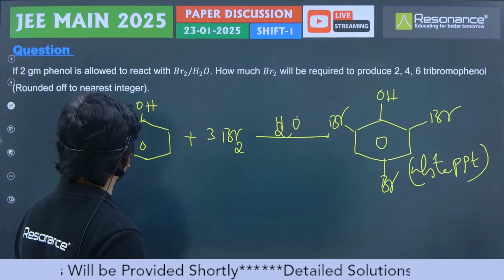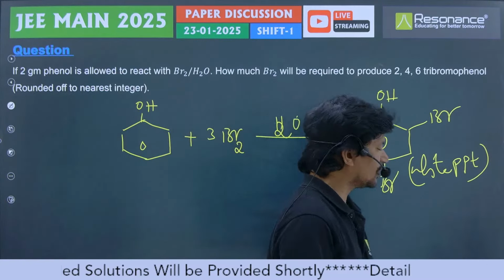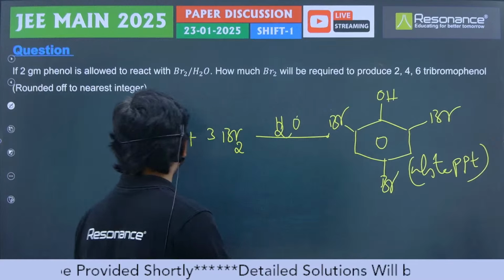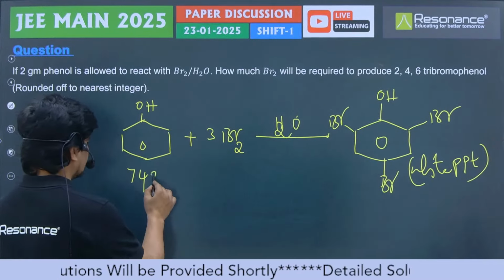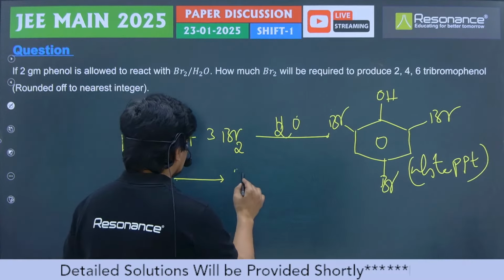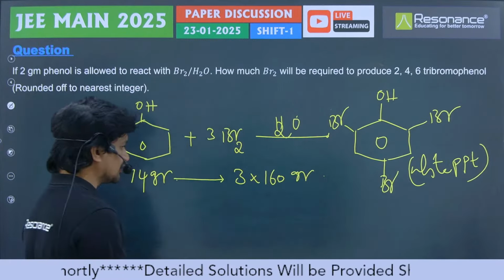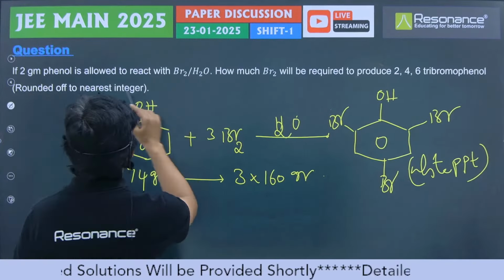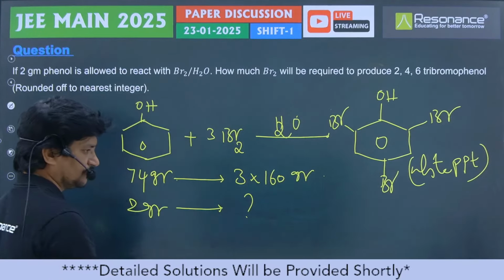It's a mole concept problem. 2 grams of phenol is allowed to react with bromine water. How much bromine will be required to produce 2,4,6-tribromophenol? Right. So what is the molecular weight? 94 grams. 94 grams of phenol requires 3 into 160 grams of bromine. But the actual question asks for how many grams? 2 grams. 2 grams of phenol requires how much bromine?